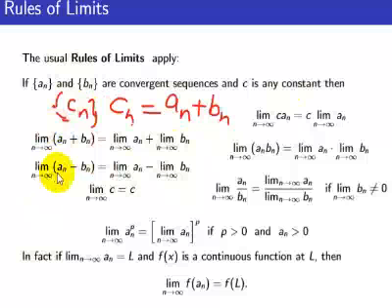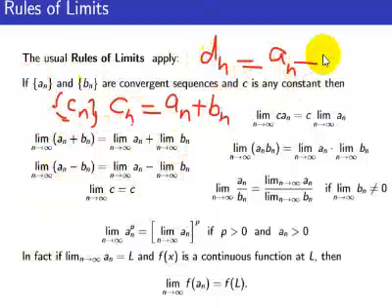And also you can define the difference of these two sequences as follows: D sub n is equal to A sub n minus B sub n.